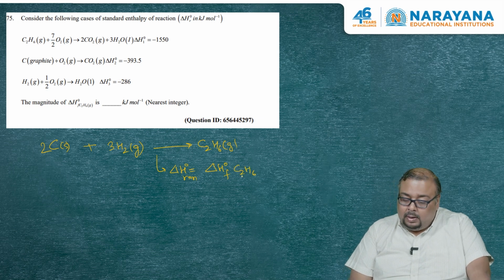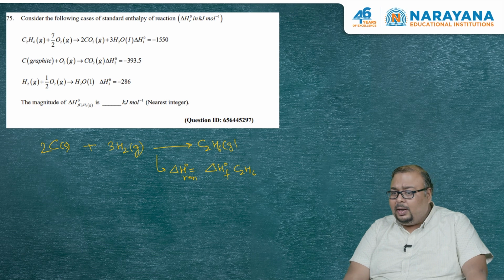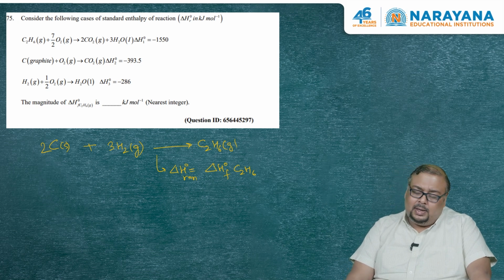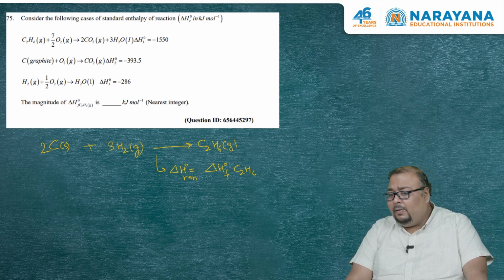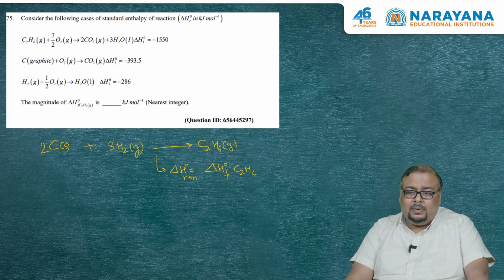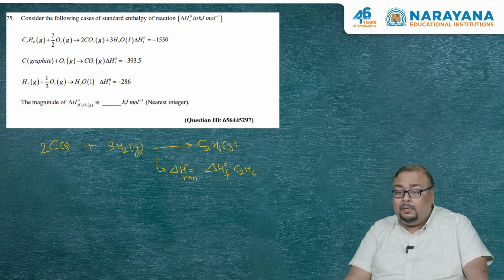Okay. Now for any reaction I can find the delta H by either heat of formation values or heat of combustion values. So in case of heat of formation, it will be sum of formation enthalpies of product minus sum of formation enthalpies of reactant. But when combustion data is there, then it will be reverse.